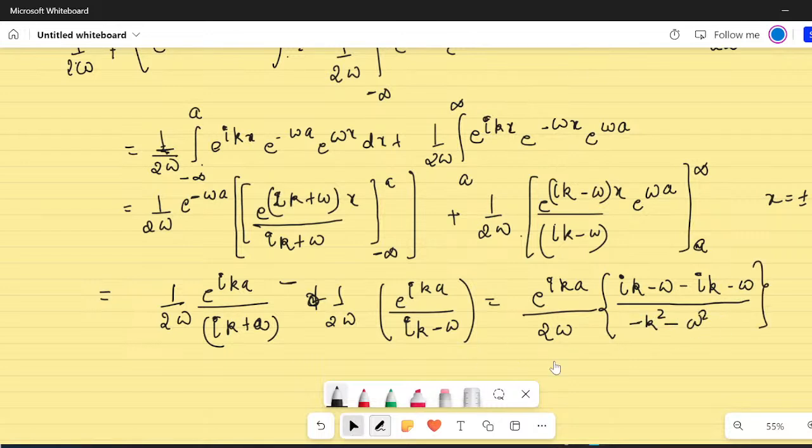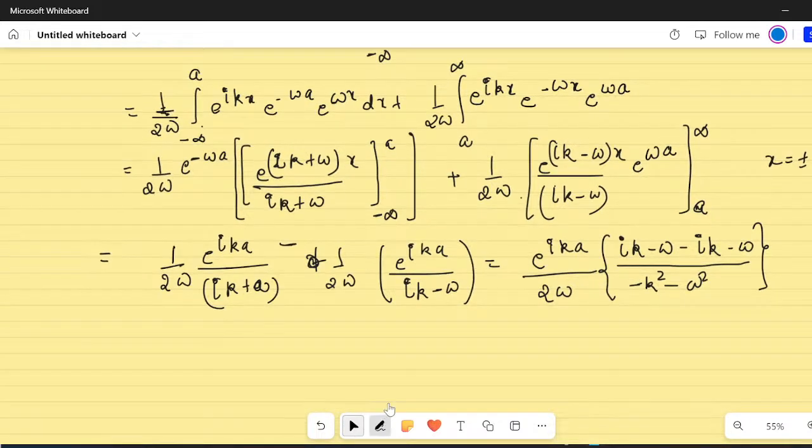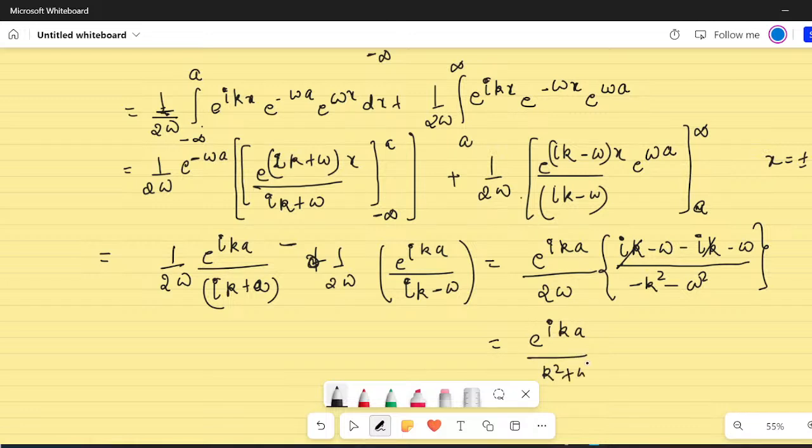The 2 omega would get cancelled, so you'll get a negative, and you'll get k square plus omega square.